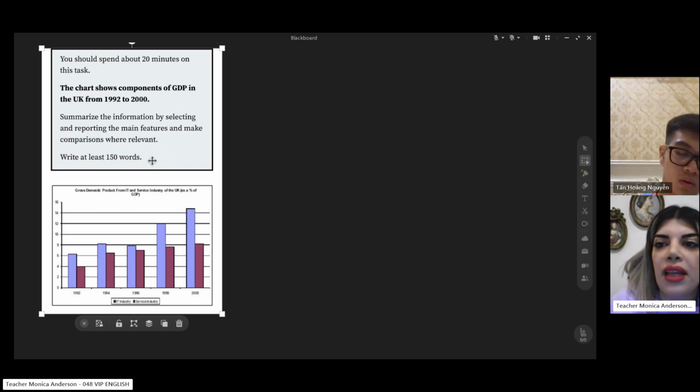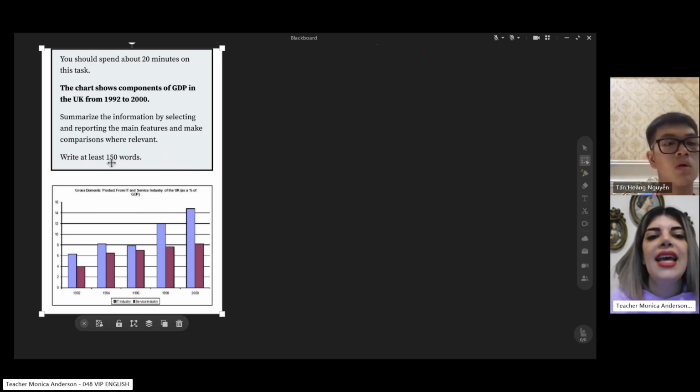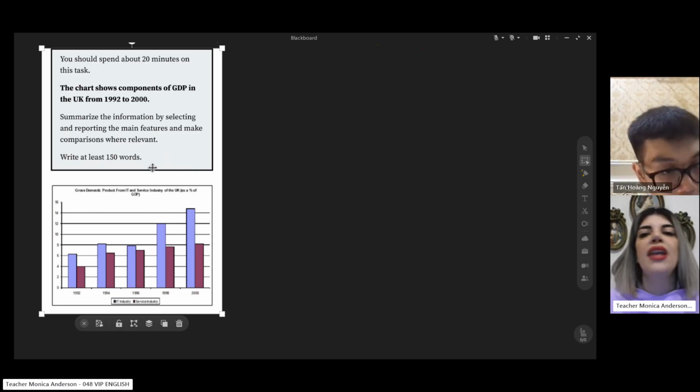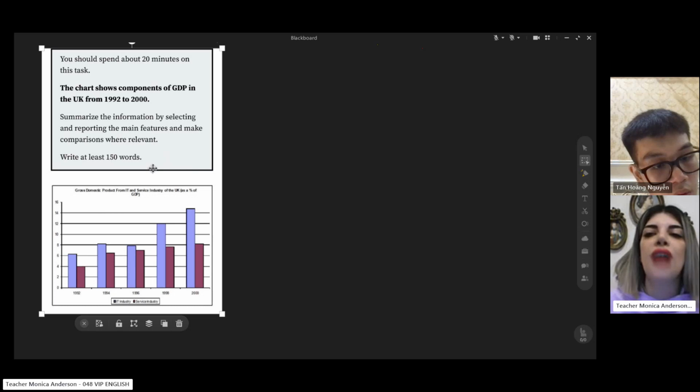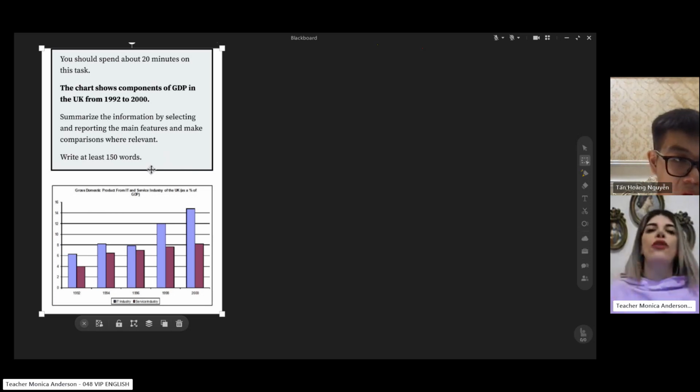So the bar chart illustrates the gross domestic product generated from the IT and service industry in the UK from 1992 to 2000, and of course it's measured in percentage. This is your introduction and that's over.